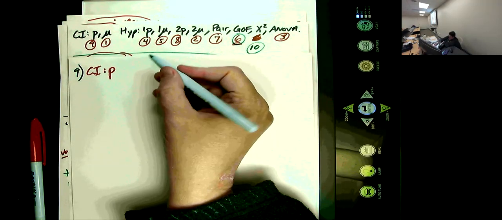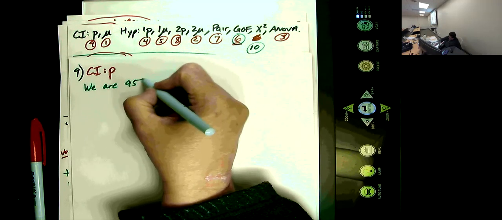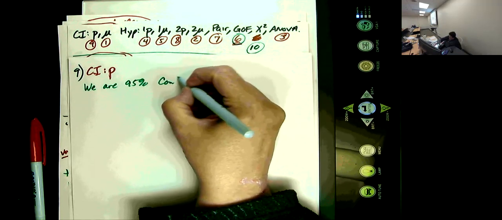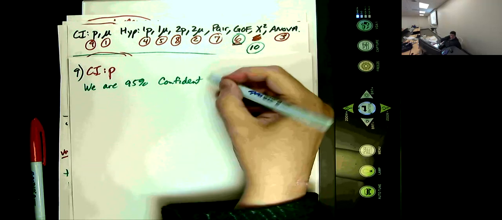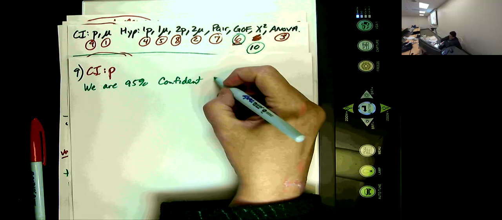Confidence interval for one proportion, we are 95% confident. And I'm literally gonna just plagiarize the shit out of that question.